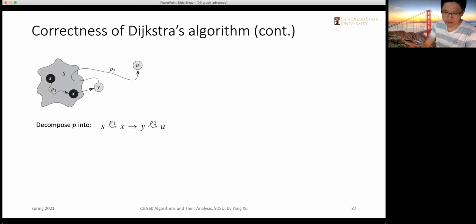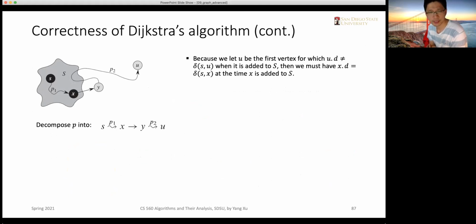Okay, so because we let u be the first vertex that violates this assumption, that is, u.d doesn't equal the delta value, everything before u should have this equation valid, right? Because x is added to S before u, this quantity x.d must equal delta of s to x, right?